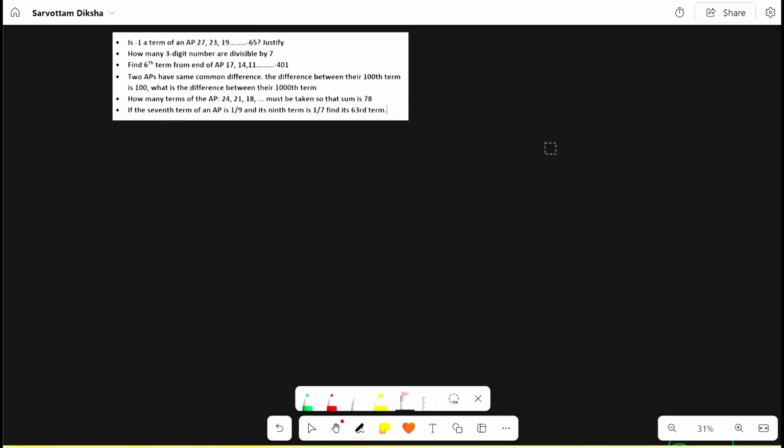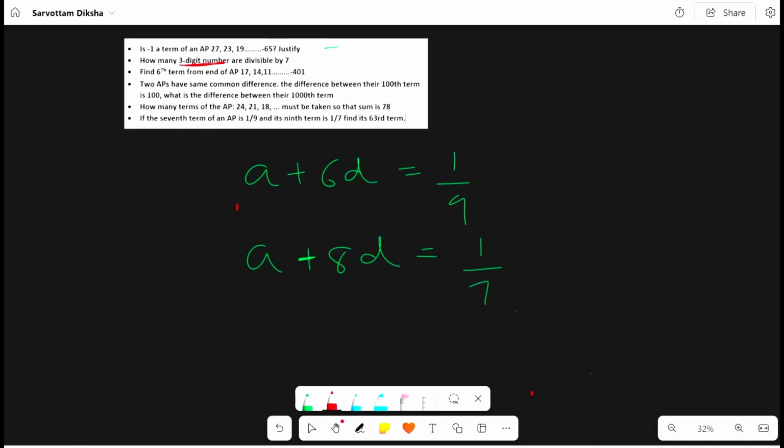Coming to the last question, let's write first what they have given. My 7th term of the AP is given, and this is my 9th term. So if you observe, it is nothing but a linear equation in two variables where x is A and y is B. And the good part is for the elimination method, I need not make coefficients equal.